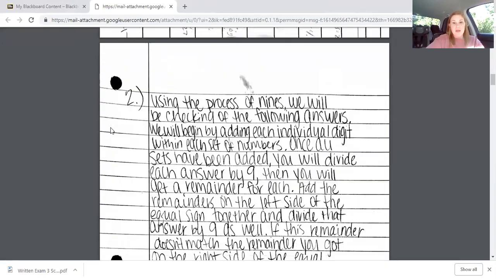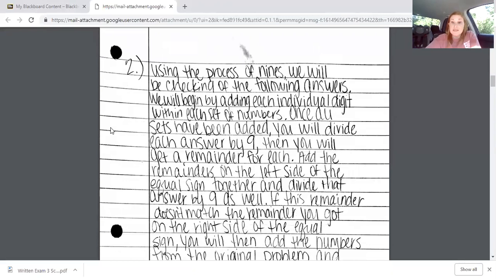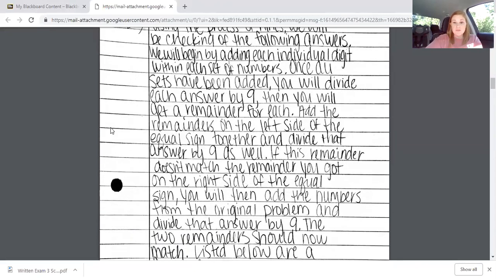Next, what we're going to do is use the process of nines, and we will be checking all of the following answers. First, what we will do is add each individual digit within a set of numbers. Once all the sets have been added, then you will divide that answer by 9, and that's going to give you a remainder. Then, all of the remainders on the left side of your equal sign, you add those, and the number you get there, you will divide that one by 9 as well.